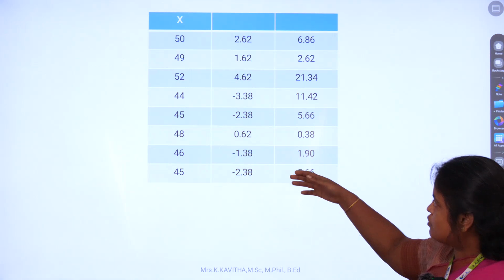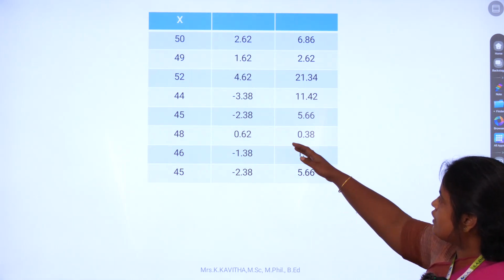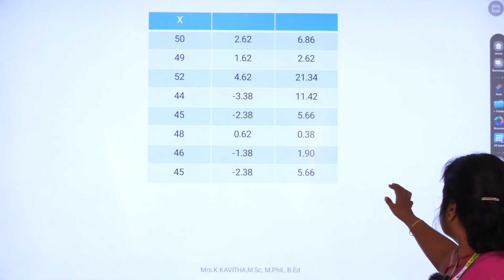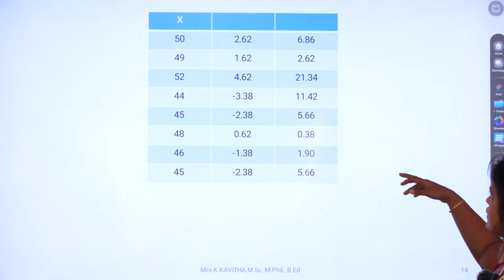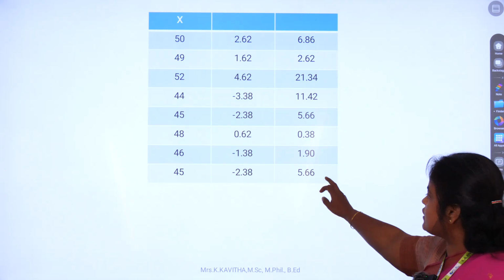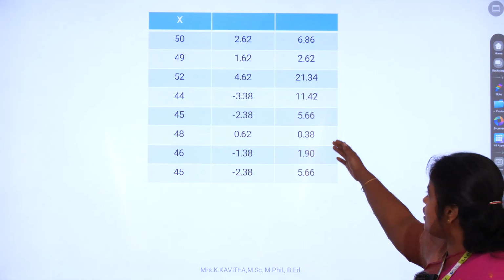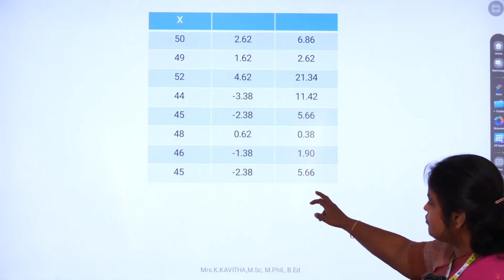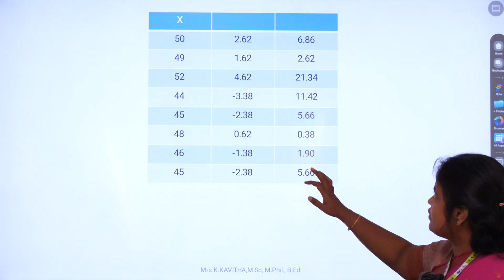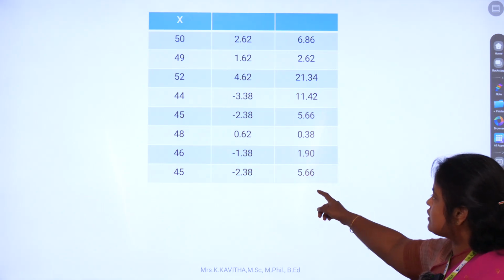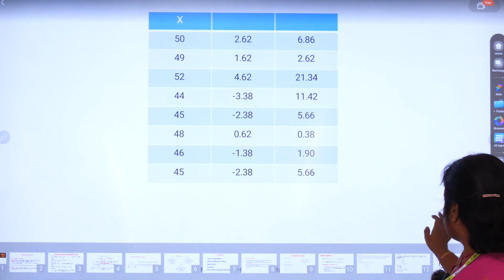The values are given, and then we have to find x minus x bar and x minus x bar the whole square, and then the sum of x minus x bar the whole square.